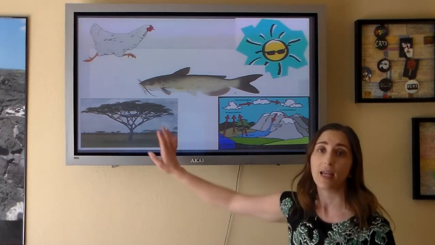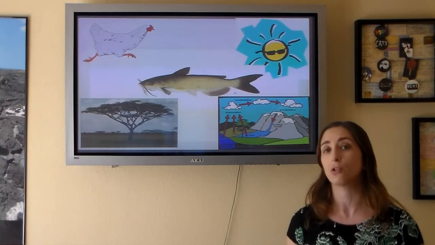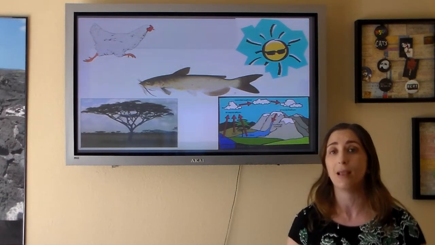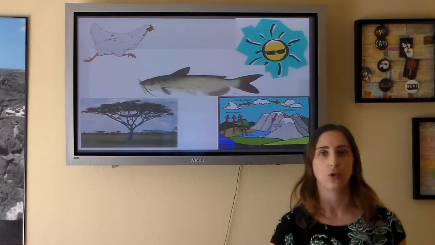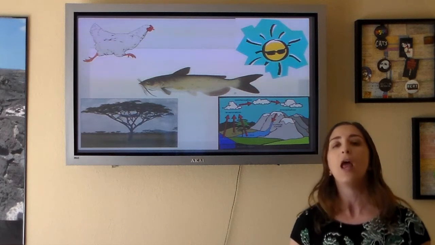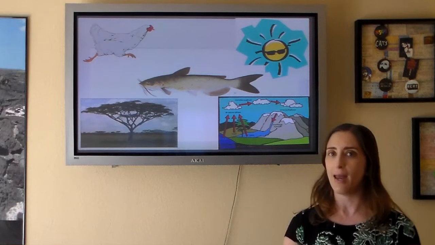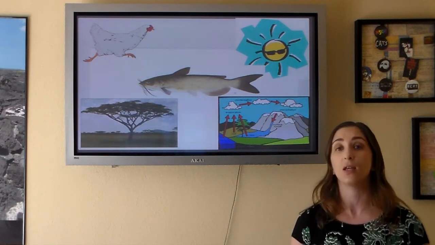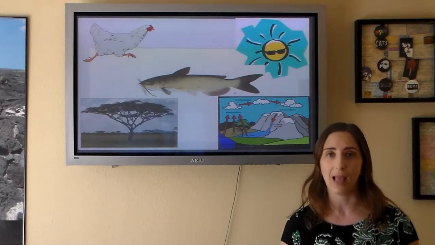Especially like this acacia tree here. That tree probably took a good 60 to 70 years to grow, but that's definitely within a human lifetime. And then all kinds of different animals, whether they're catfish or chicken or birds or horses or cows or goats, those are all resources that can be made again by nature, right? Because living things reproduce, and that's going to take less than a human lifetime.